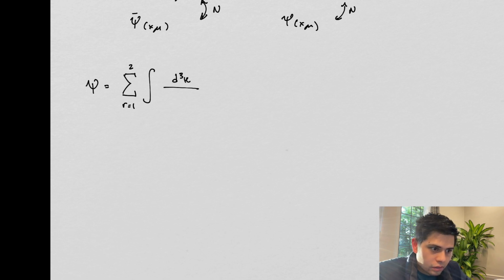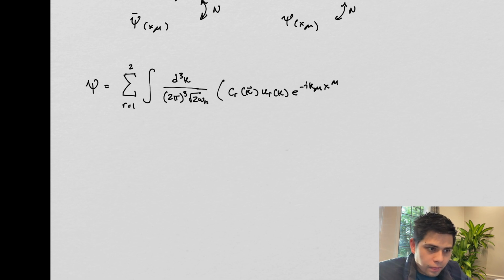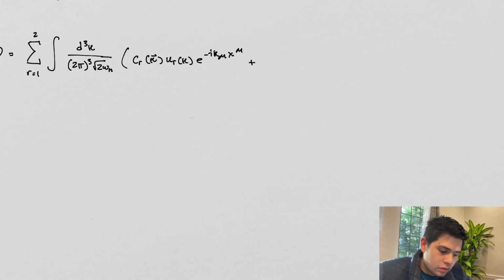d^3k over (2 pi)^3 times 2 omega k, sum over r, of c_r(k) u_r(k) e to the minus i k_mu x^mu, and then plus d_r(k) v_r(k) e to the i k_mu x^mu, like this.